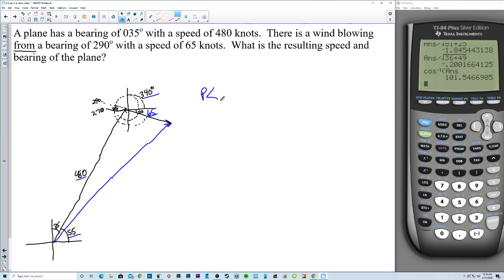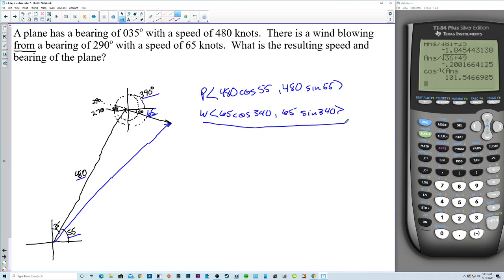So the plane: 480 cosine of 55, 480 sine of 55. The wind, all right, the wind is 65 cosine of 340 and 65 sine of 340. And let's get the resulting vector for this.